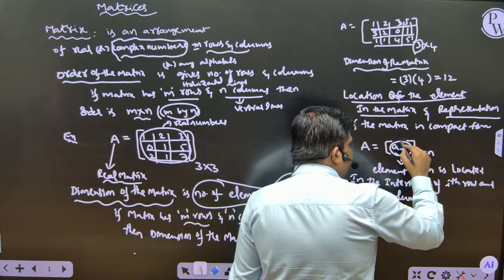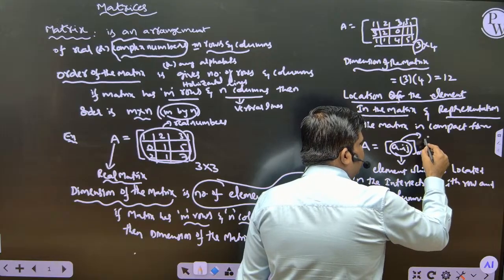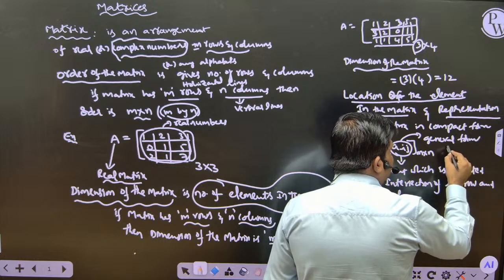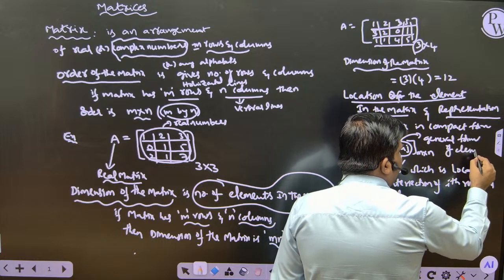That means Aij gives the general form of an element.